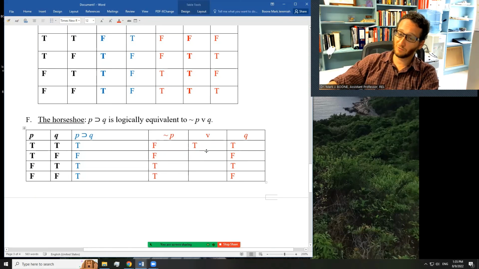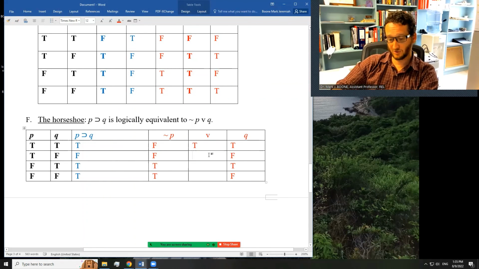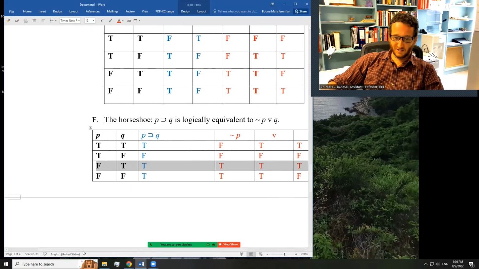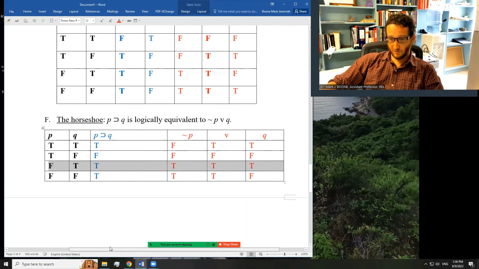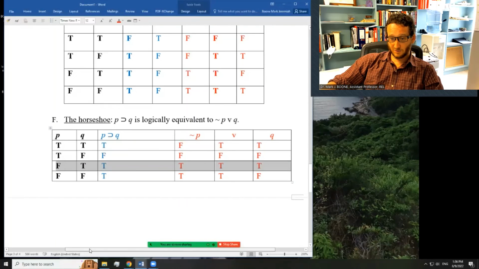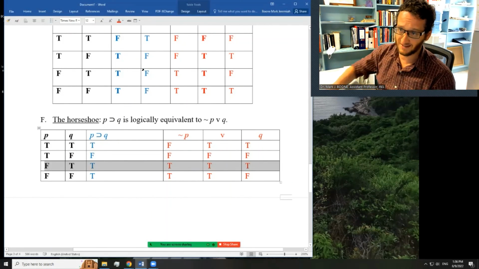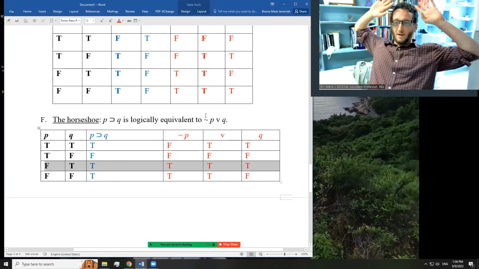If one of them is true, then the statement that either one or the other is true is true, and it's false otherwise. So basically we have, again, true, false, true, true. Bearing in mind, and rewinding to watch earlier videos if necessary, that we're using the inclusive or. We are assuming that wedge does not exclude the possibility that both disjuncts be true at the same time. And that's it.